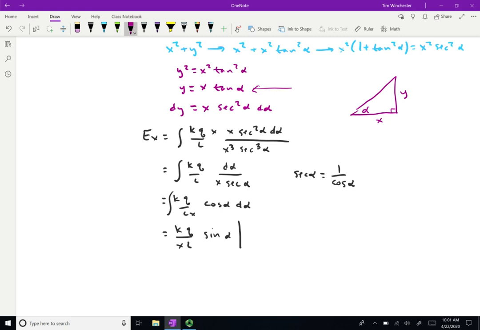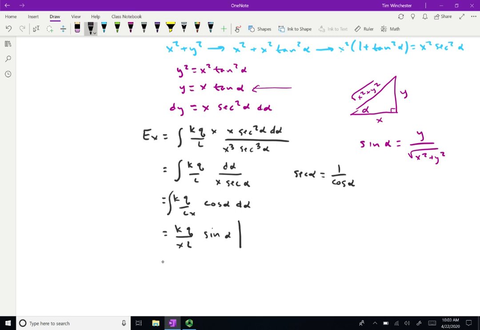Using the Pythagorean theorem, I can label this side square root of x squared plus y squared. Looking at the triangle, we can see that sine alpha has to be equal to opposite over hypotenuse, which is y over square root of x squared plus y squared. Okay, so we can make that replacement now.